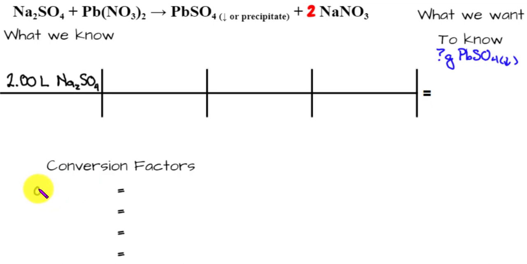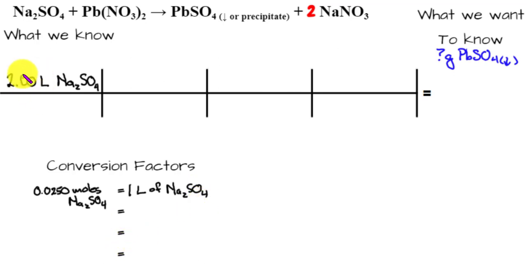So there are 0.0250 moles of Na2SO4 for every 1 liter of Na2SO4.